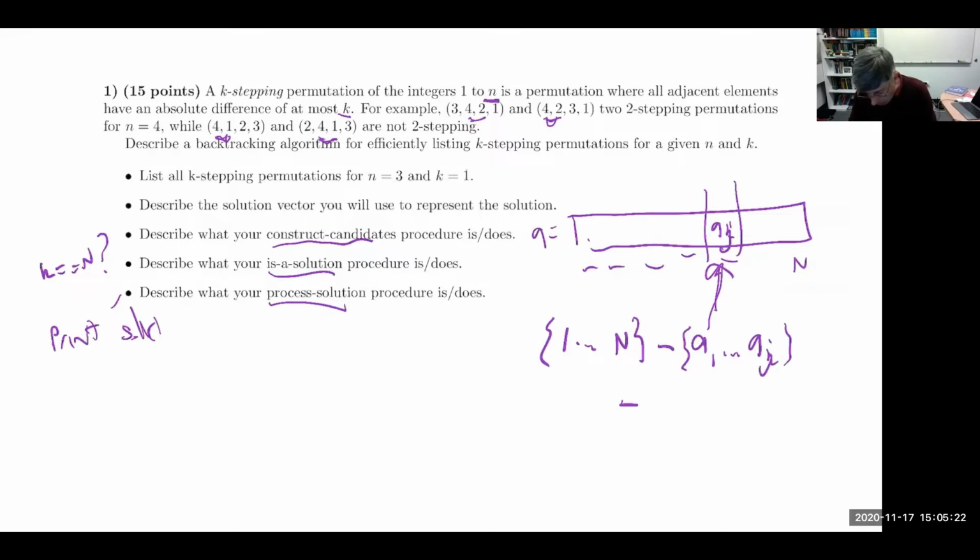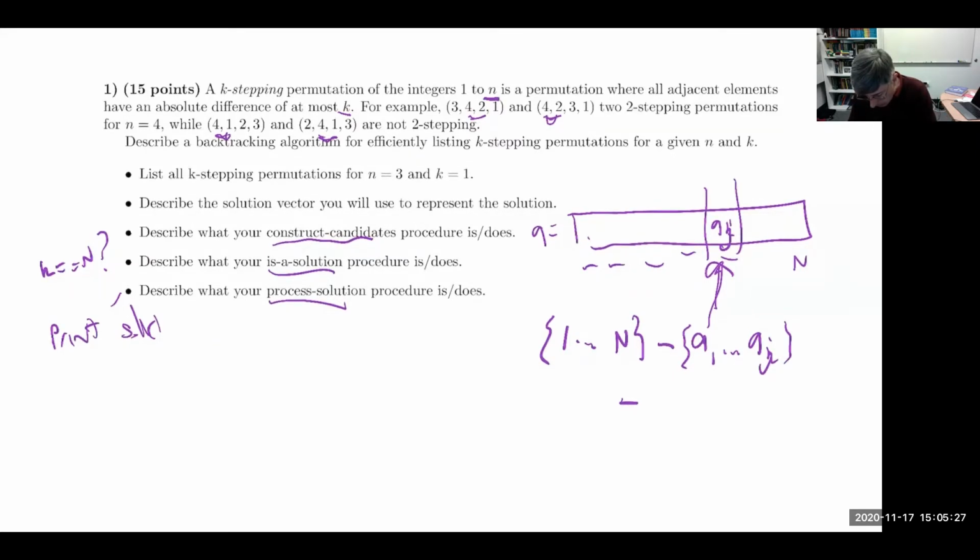Basically, I want to remove anything from 1 to a_j minus k, and remove anything from a_j plus k to n.